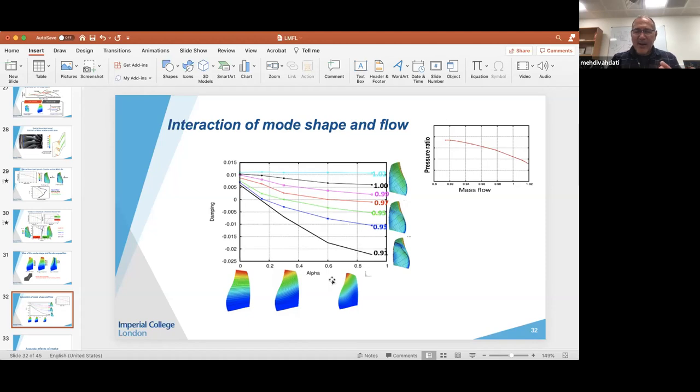No matter how bad your mode is, you need some form of viscous effect to get it going. And this is a bit we do not get very well. So if you can delay this sort of migration, you would be in this sort of domain where no matter how much you change your mode shape, the blade still would not flutter.